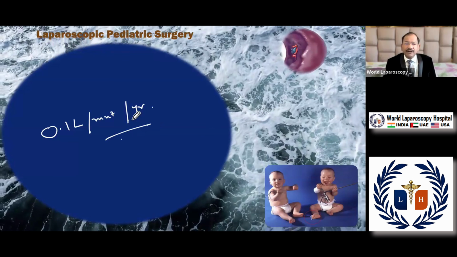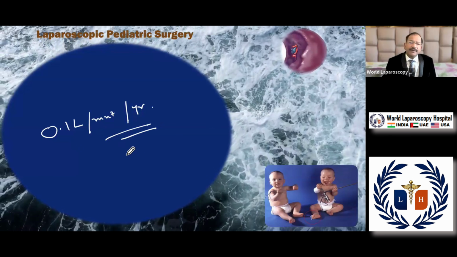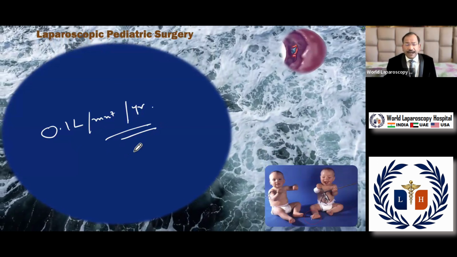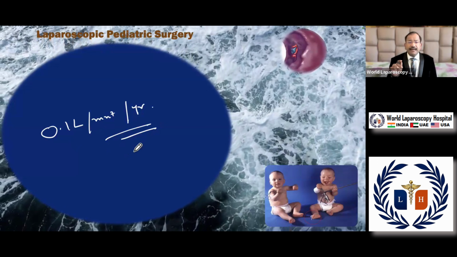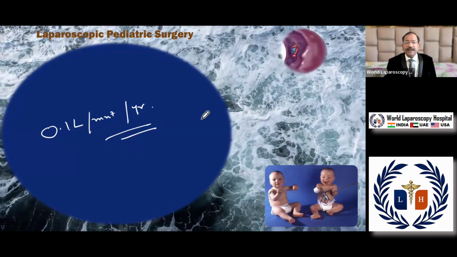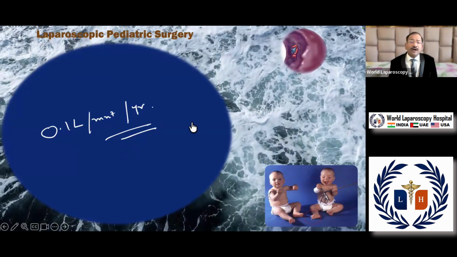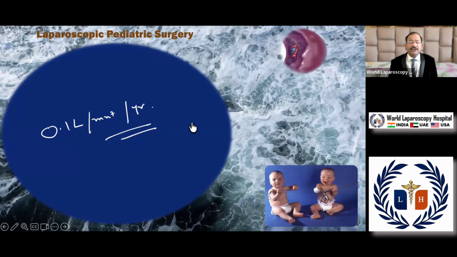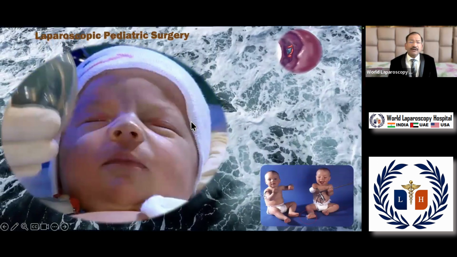So, if the child is 1 year old, then 100 ml per minute, 2 years old 200 ml per minute, and after 10 years it should be the same as an adult, that is 1 liter per minute. So, for almost every pediatric surgery of the abdomen and thorax, laparoscopy is preferred.